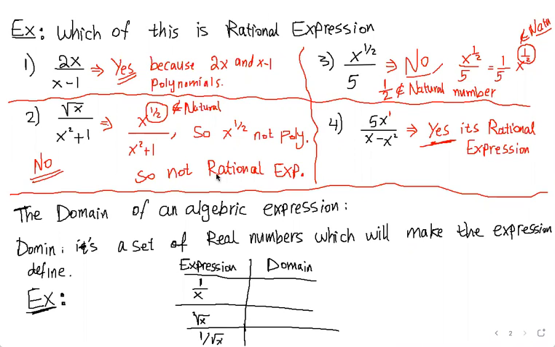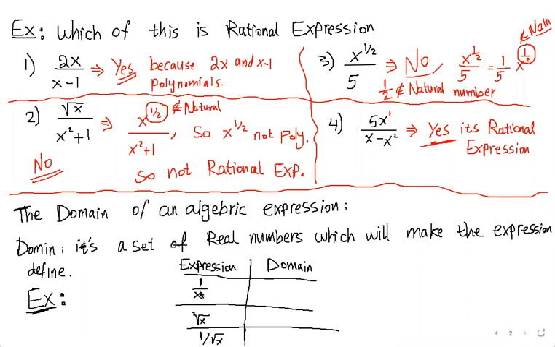So what's the domain for 1 over x? I mean, what numbers can I plug into this expression and keep the expression defined? If I plug in positive numbers 1, 2, 3, 4, it keeps the expression well defined. If I plug in negative numbers, 1 over minus 2, it keeps the expression well defined.